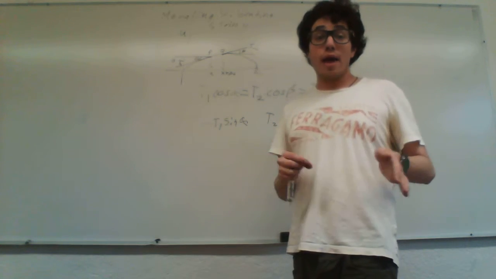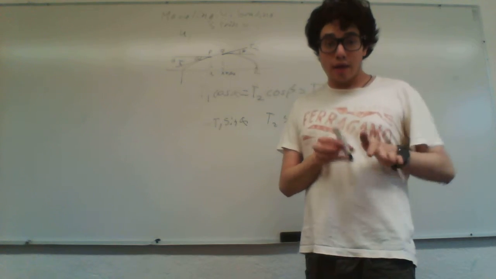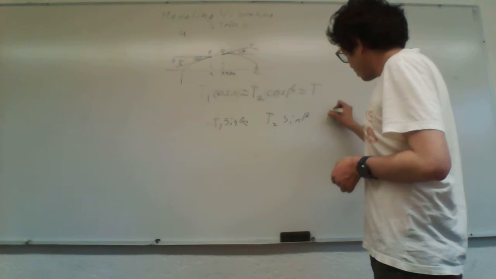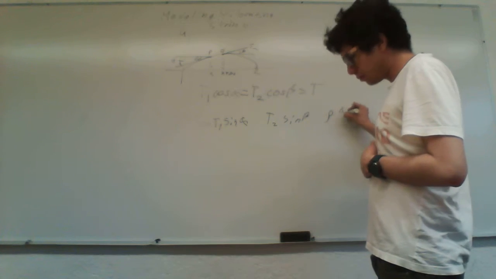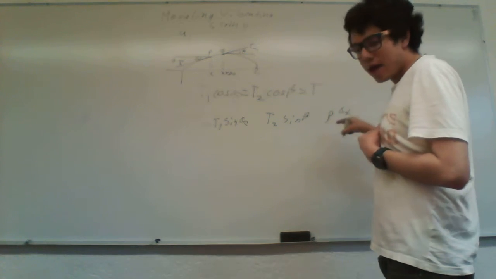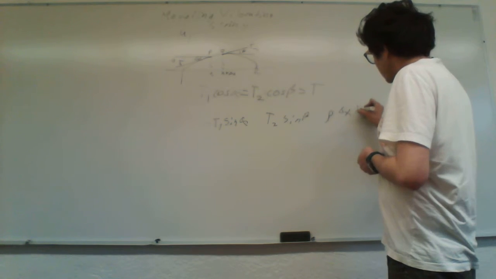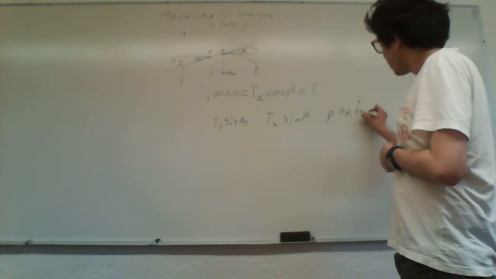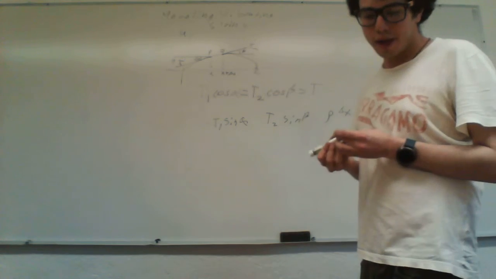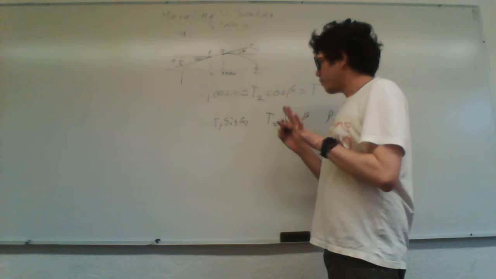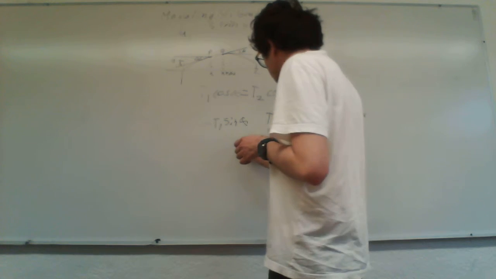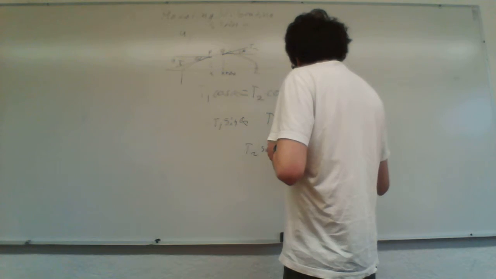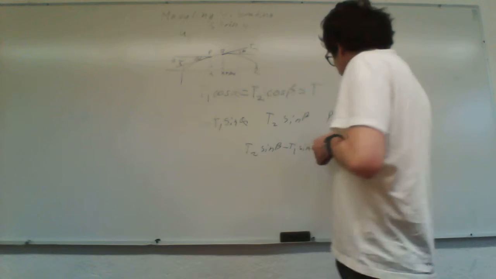Like Newton's second law says, the resultant is rho delta x times the second derivative of u with respect to t. So this is equal to this.